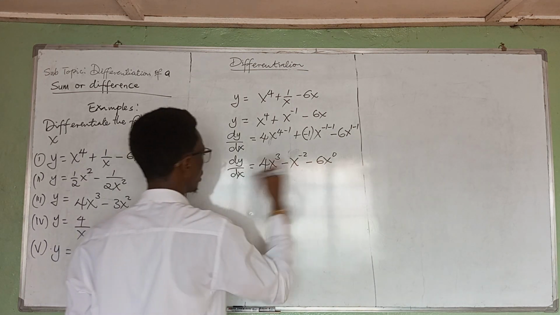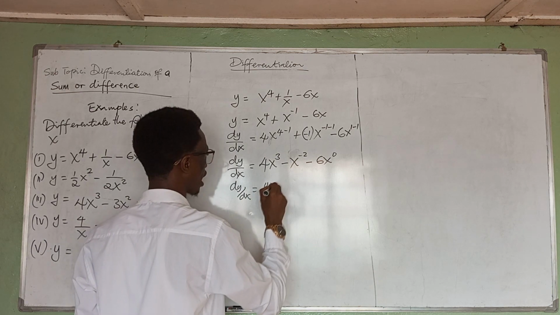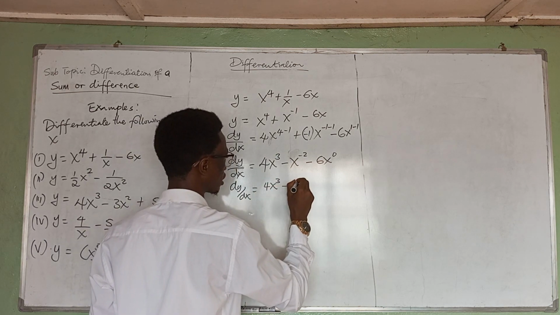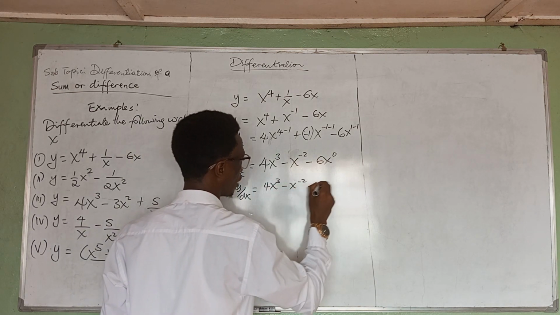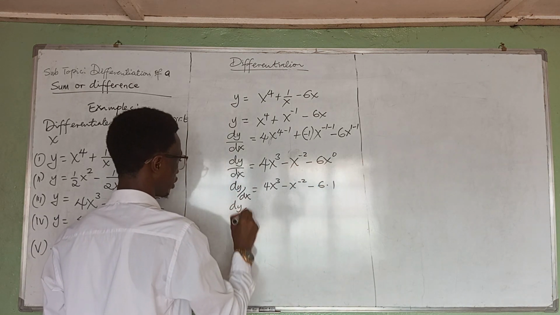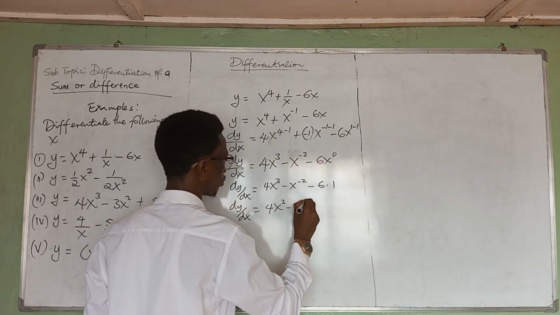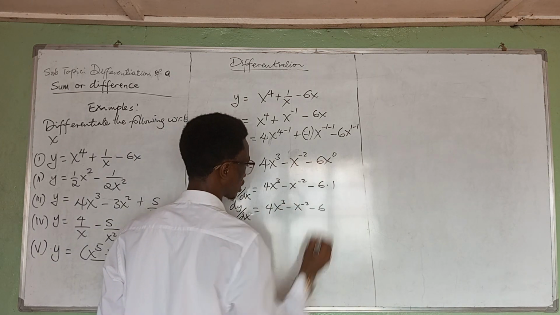So dy by dx equals 4x cubed minus x raised to the power minus 2, minus 6 times 1. So our final answer becomes dy by dx equals 4x cubed minus x raised to minus 2 minus 6.